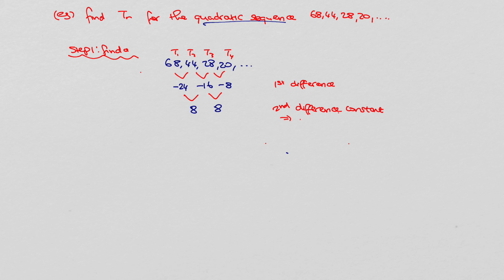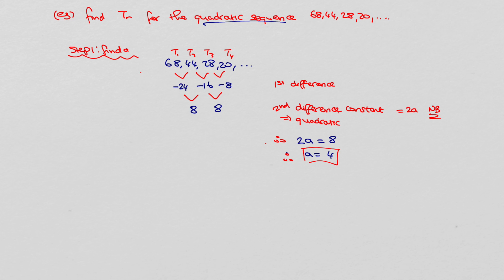And that means it's definitely quadratic. And therefore we can say that the second difference is equal to 2a, which is 8. Hence a is equal to 4 this time. So as I said, we always say our second difference is constant, which is equal to 2a. So we need to know that off by heart.